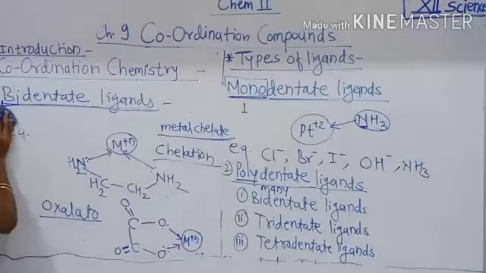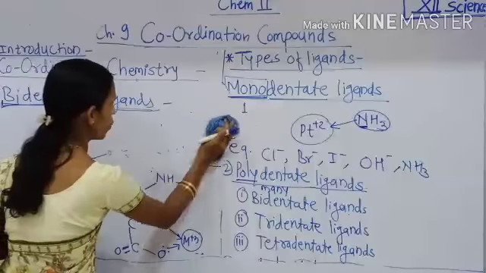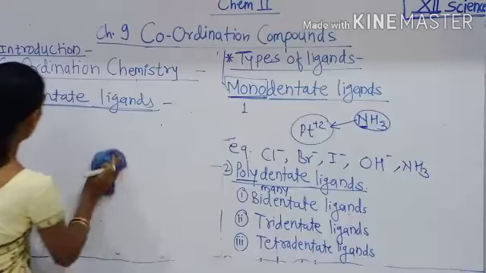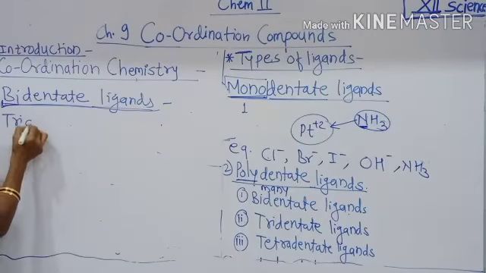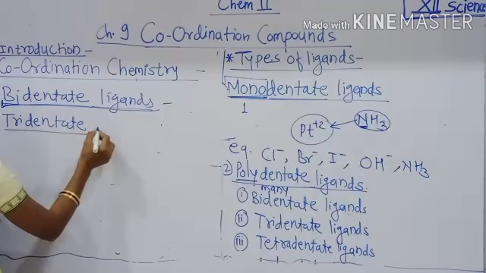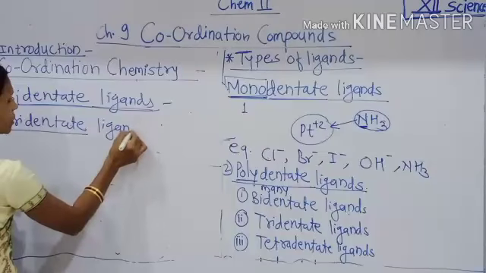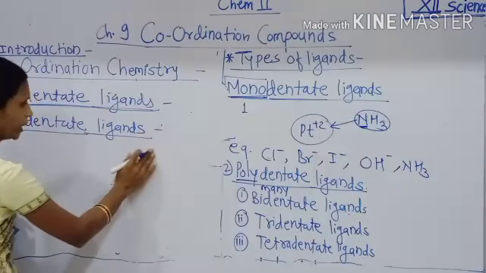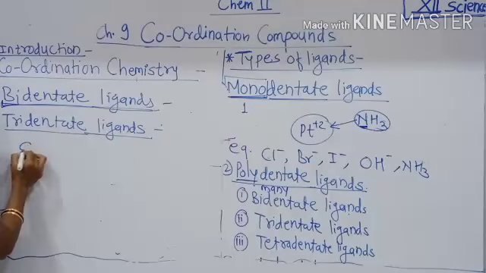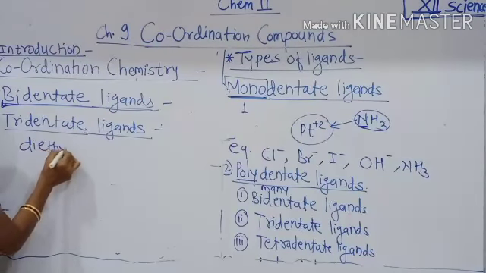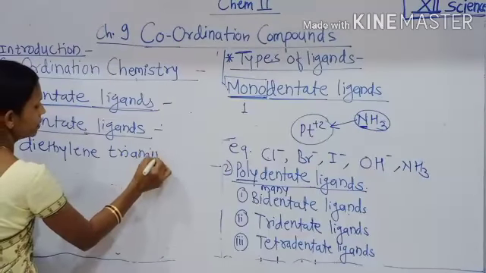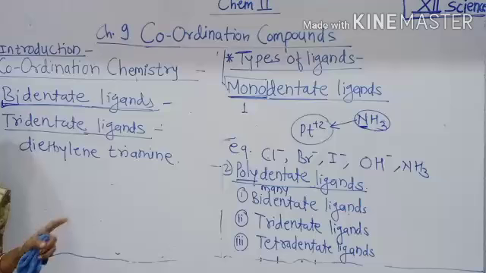Then see one more type of polydentate ligand, that is tridentate ligand. The name itself indicates that there are 3 different donor atoms involved in formation of the complex. For example, diethylene triamine is an example of a tridentate ligand.